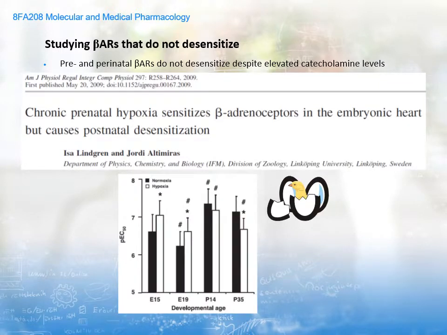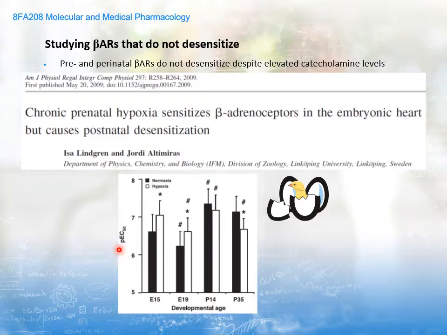Basically, what Isa was able to demonstrate, and this is just a reminder that this was data collected on chickens, is that when we looked at the sensitivity of the heart muscle to adrenaline, shown as the pEC50, it means the concentration of adrenaline required to stimulate the heart muscle to a given extent.